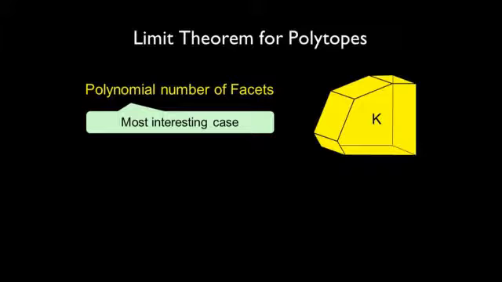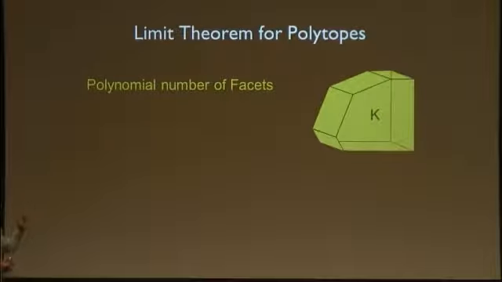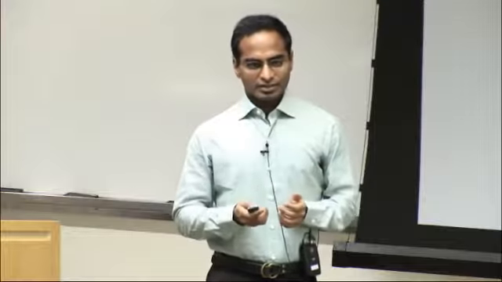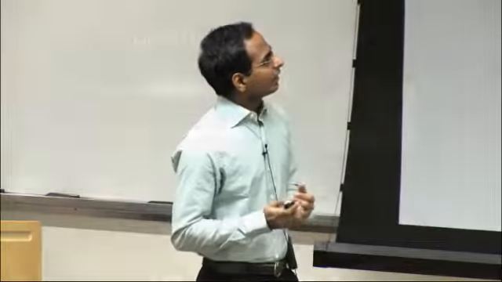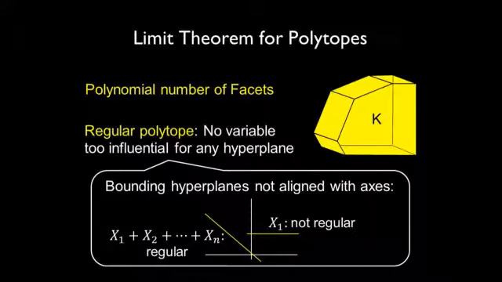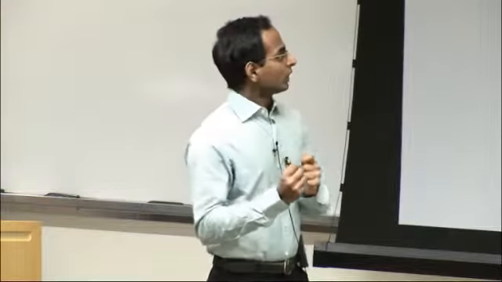We'll show a limit theorem in this context, but let me put some conditions under which our theorem will hold. We'll assume that our polytope has a polynomial number of facets, because that's the most interesting case for applications. And most importantly, we'll also assume that the polytope is regular, in the sense that no variable is too influential for any of the bounding hyperplanes.